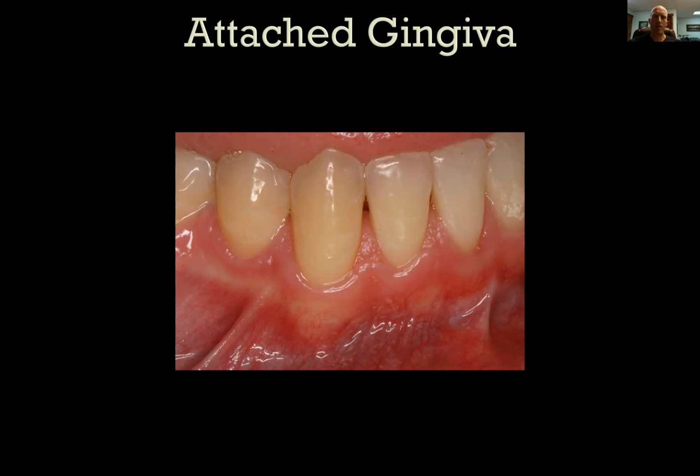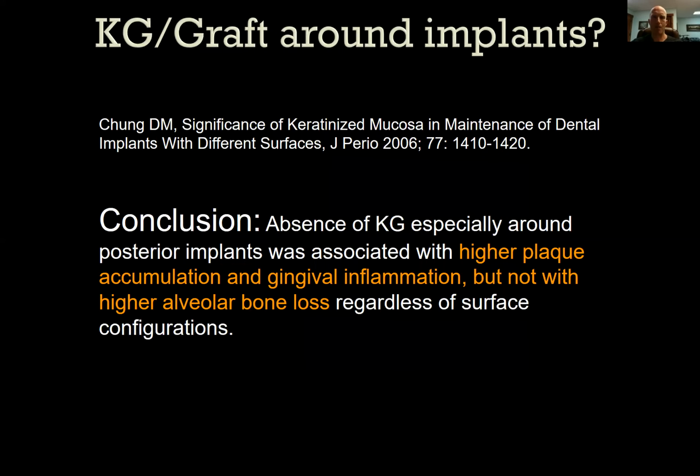Now, there is one situation where I am not willing to take chances, and that happens to be around implants. In 2006, Chung did a study looking at the absence of keratinized gingiva around specifically posterior implants and found that it was associated with higher plaque accumulation and gingival inflammation, but not with higher alveolar bone loss.